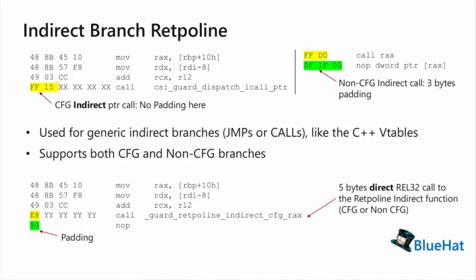As before, the top of the slide represents the original situation, and the bottom the situation where we apply the Retpoline. There is still padding around because we need to be exact when we apply the new direct rel32 call.